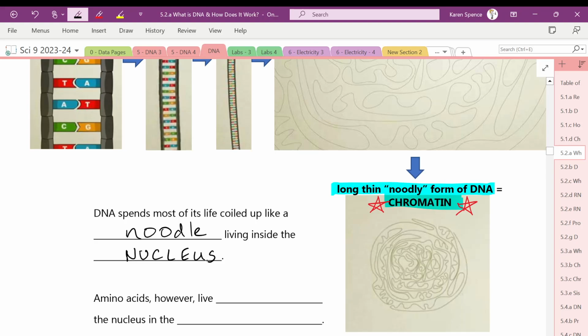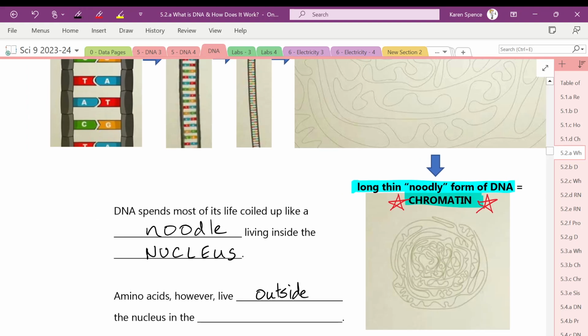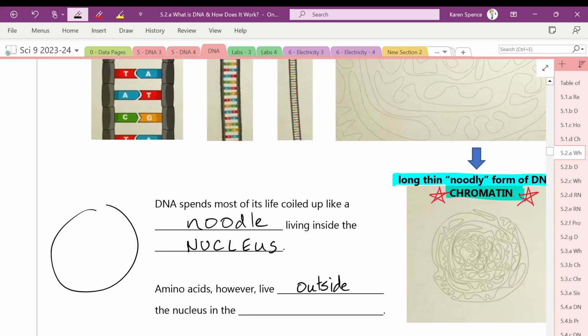Amino acids, however, they live outside the nucleus. Tell your partner if you can remember what we call the area of the cell which is outside the nucleus.